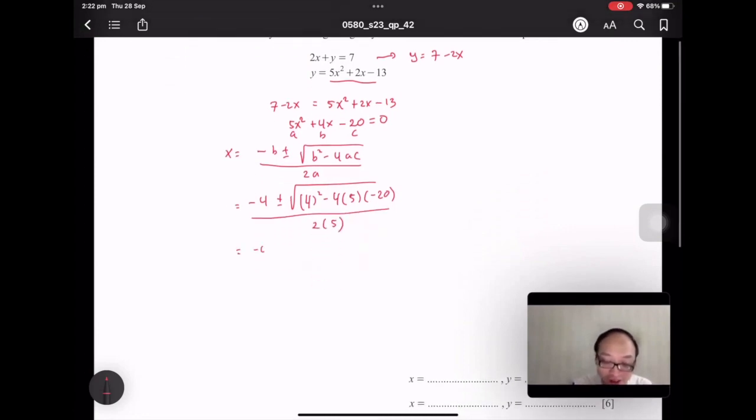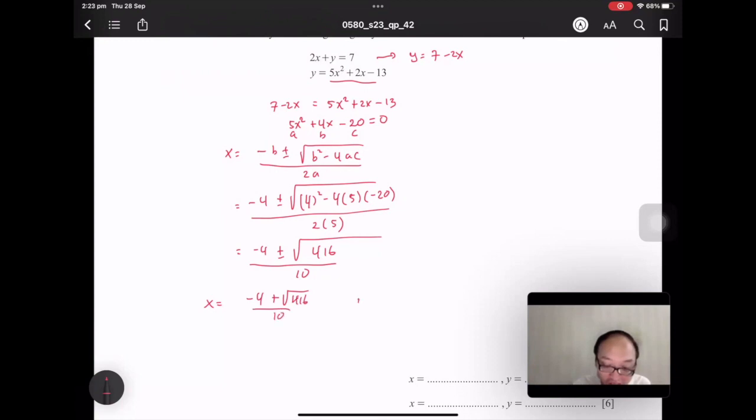So equals negative 4 plus or minus the root of 16 plus 20 times 20, 400, so the root of 416 over 10. So the first x is negative 4 plus root of 416 over 10, or the second one, negative 4 minus root of 416 over 10.